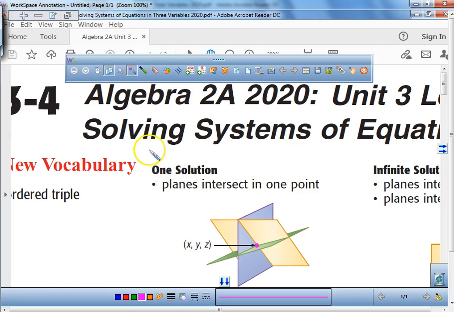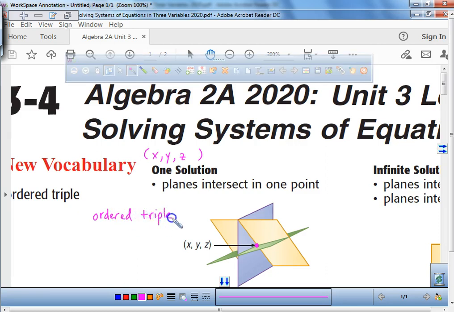Does anybody remember what a solution is referred to as if you have three variables? Anybody remember? For an x, a y, and a z. It's called an ordered something, an ordered triple. Okay?